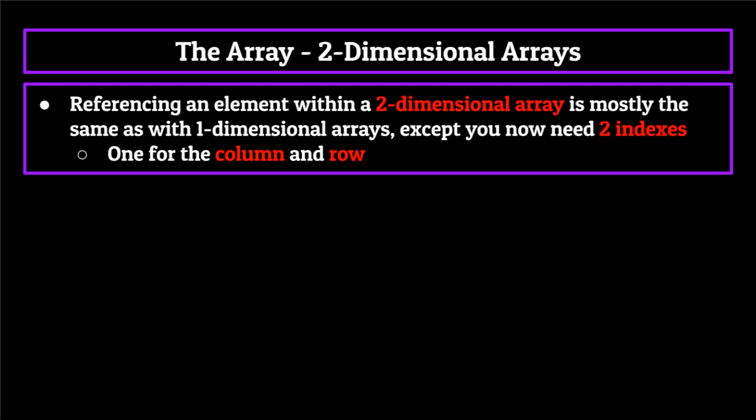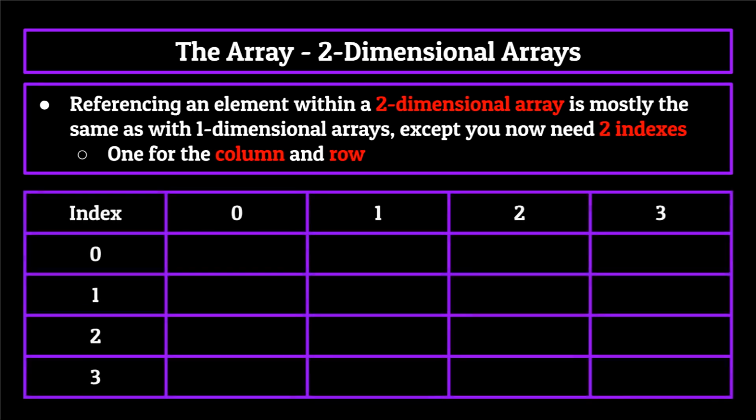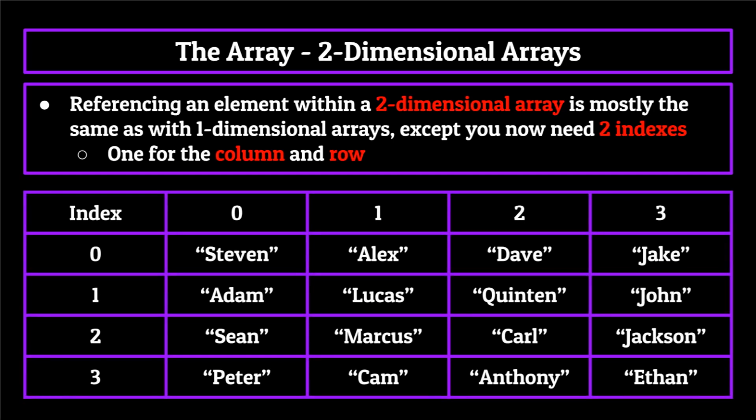As an example, let's create a two-dimensional array with 16 names contained within 4 rows and 4 columns. Now, to access the name Carl, you'd first single out the column which contains the name you're looking for. In this case, Carl is in the 3rd column, meaning it's in the 2nd index.